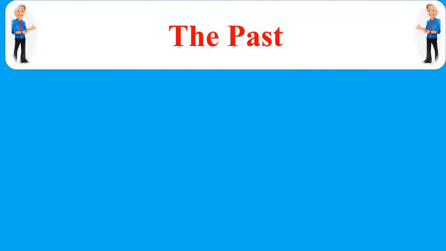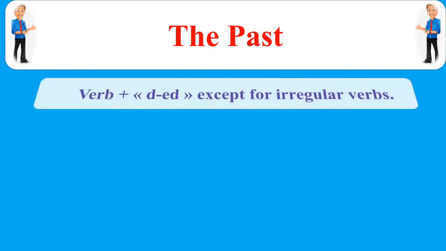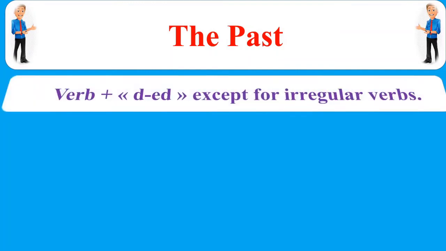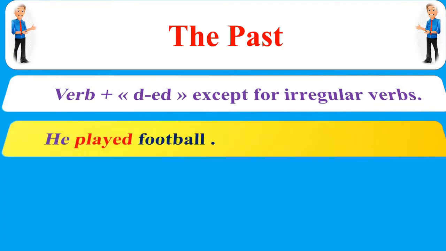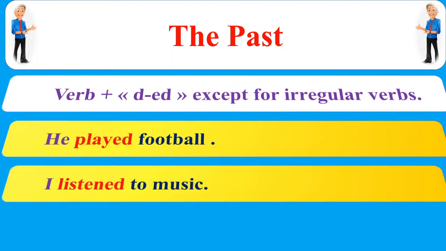الصيغة الأخرى وهي الماضي. The next form of the verb in English is the past, meaning verb plus d or ed, except for irregular verbs. And we are going to see irregular verbs and regular verbs. He played football. I listened to music.